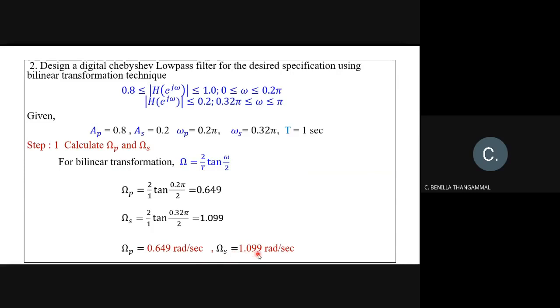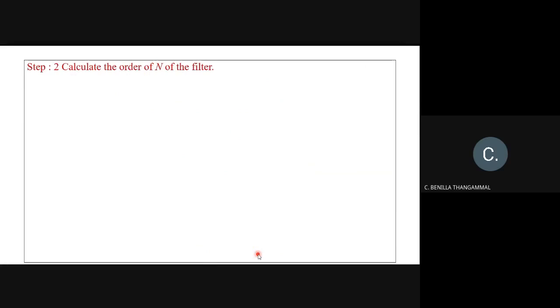So step 2 is to get the order of your filter. The formula is cosh inverse of open bracket 1 by A square minus 1 divided by 1 by AP square minus 1 close bracket power 1 by 2, divided by cosh inverse of omega s divided by omega p.